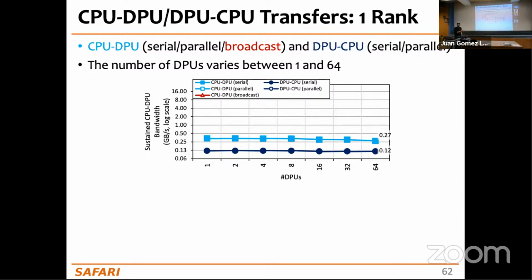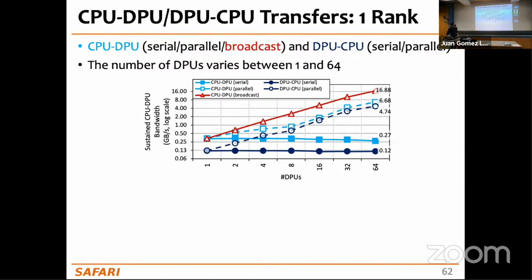Because they are serial, we are targeting one MRAM bank with every transfer, and this happens serially. So we are not increasing the bandwidth. As we target more DPUs or more MRAM banks, and we execute the transfer serially, the total time increases. And that's why the bandwidth is constant.